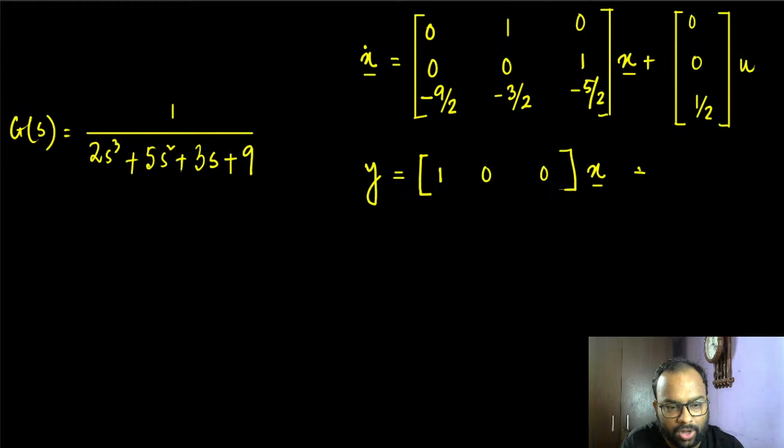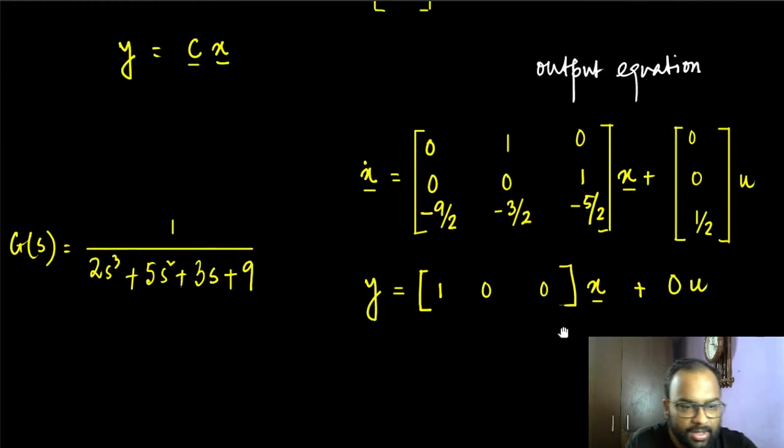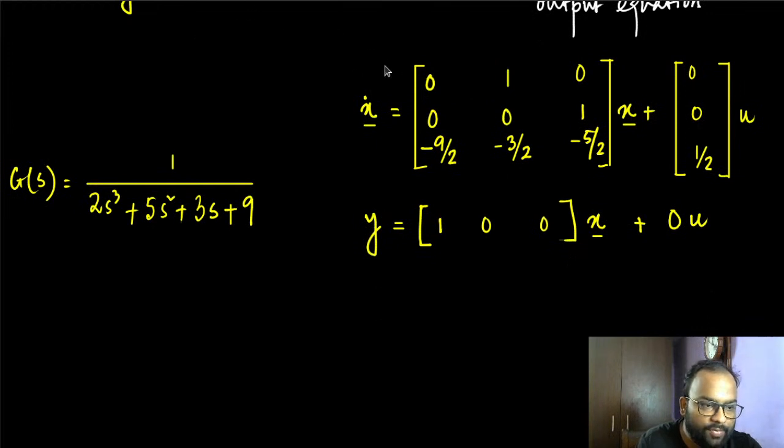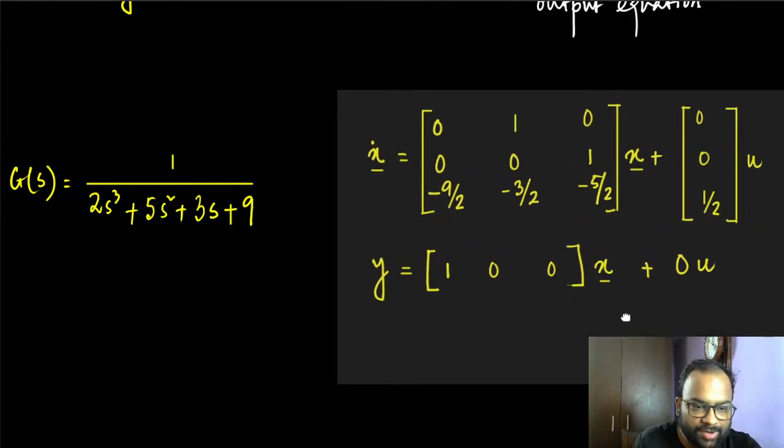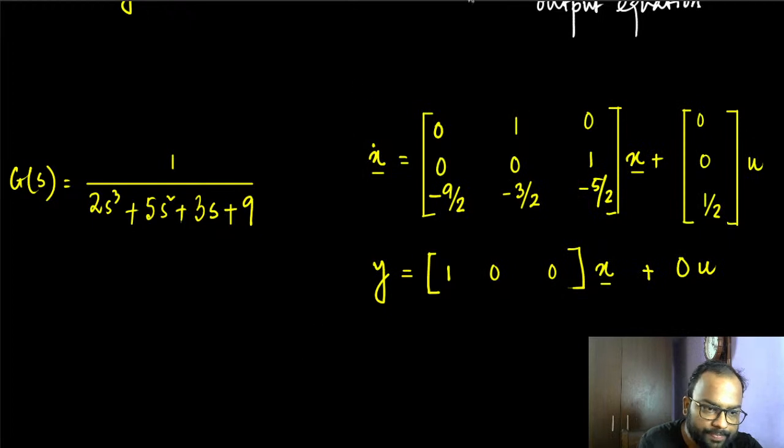We also have something called Du, but the D is 0 in this one. So this is the state space model of the system that we just described in the transfer function domain.